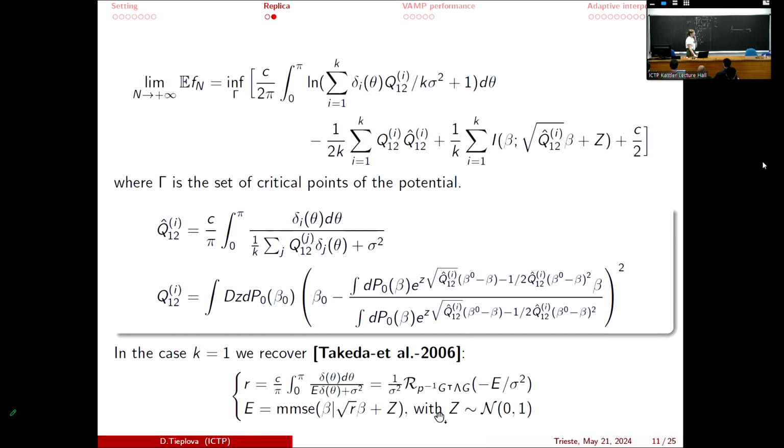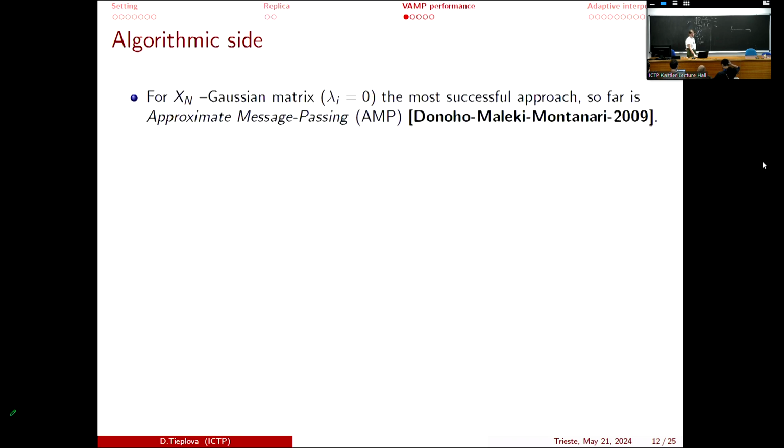So with this replica method, we obtain some conjecture. And now, first of all, we want to try it on some algorithm. Before, for the case when Xn is a Gaussian i.i.d. matrix, a very successful algorithm was found, the so-called approximate message passing algorithm.